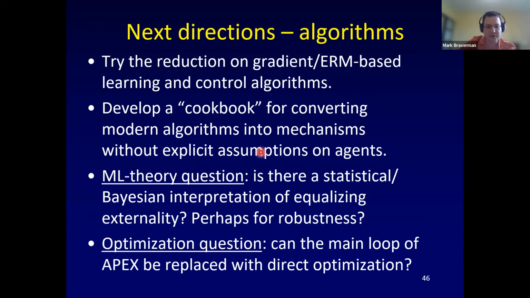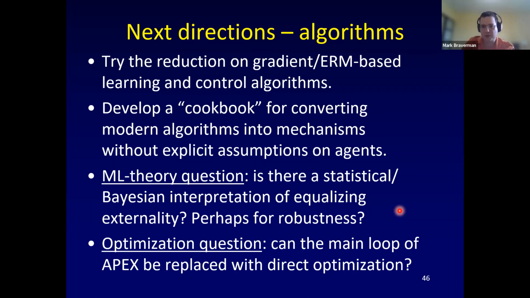The other thing that happens in most machine learning applications is that there is some kind of empirical loss minimization loop running, which you can think of almost like there are k examples, they want the model to be correct on them, subject to some regularization. And you could ask what it means, whether it's a reasonable question, and what settings to equalize externality there.